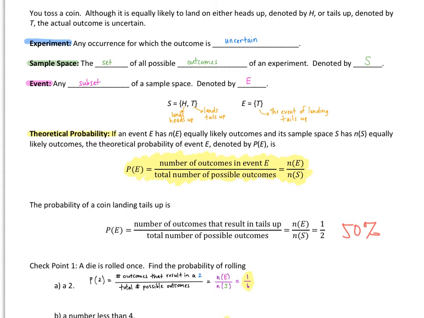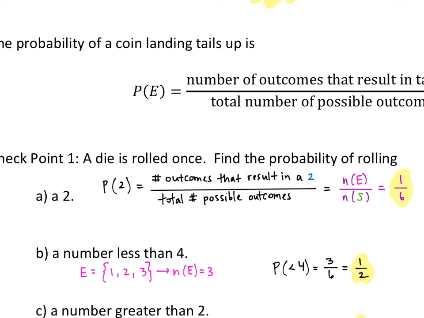I want you to try example B on your own. Set it up and find the probability of rolling a number less than 4. Did you get what I get? I got 1/2. My E, the outcomes that result in less than a 4, I only have a 1, a 2, or a 3 that's less than 4.